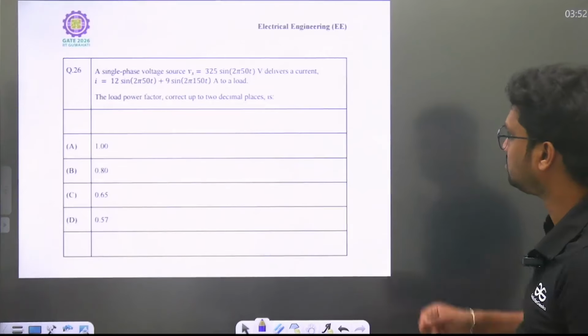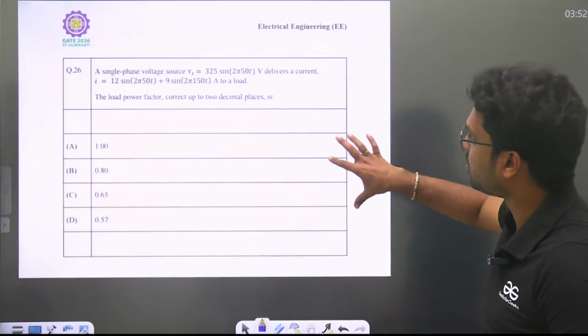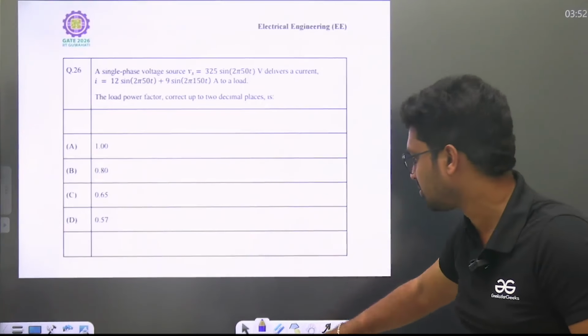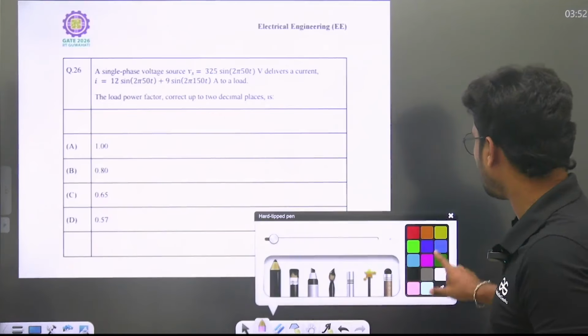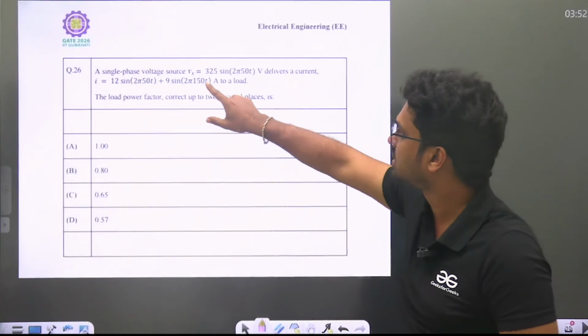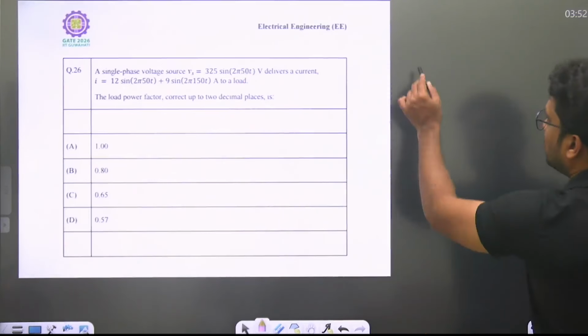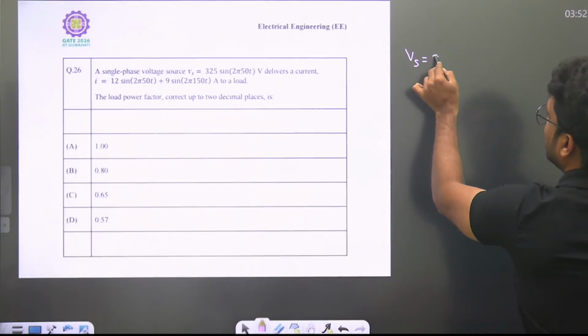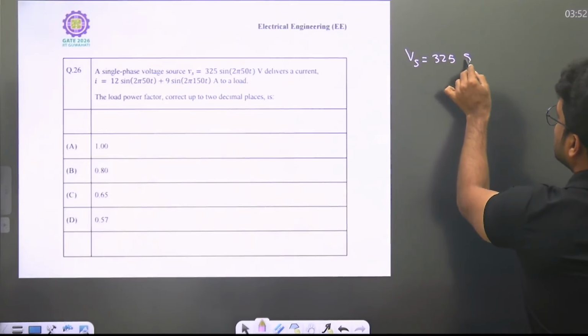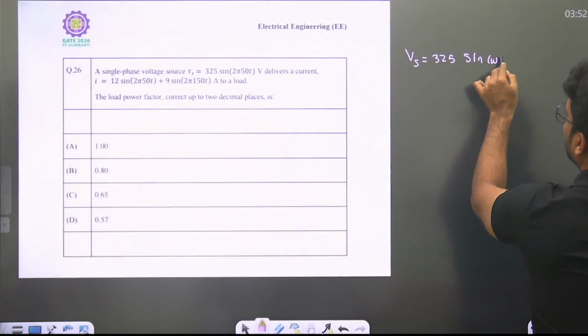Next question. This is a power electronics question and also a network analysis question, because there are harmonics in the signal. So I have a single phase voltage source Vs which is equal to 325 sine omega t. Omega can be anything.